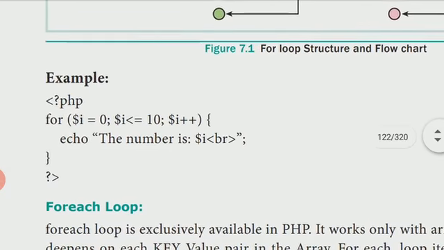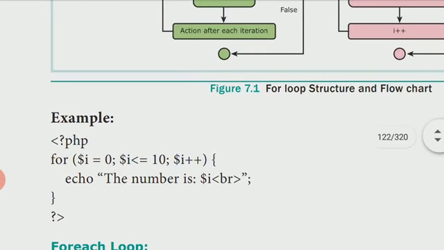Now we will see another simple example. PHP: for i equal to 0, i less than or equal to 10, i plus plus. Here 0 is the initial value, 10 is the end value, and i plus plus is the increment operator.